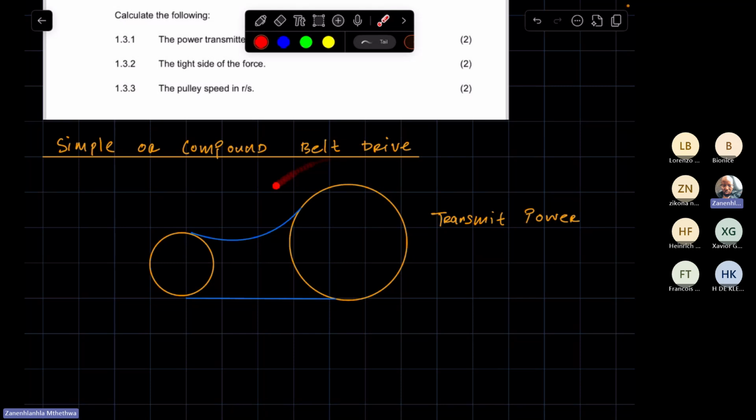Either way, all mechanical drives transmit power. So this one, a belt drive, transmits power using two pulleys connected with a belt.